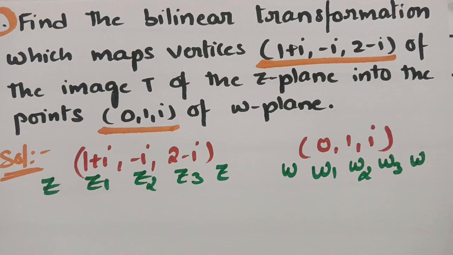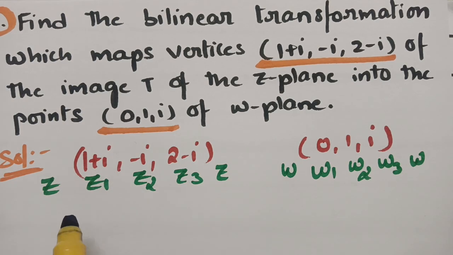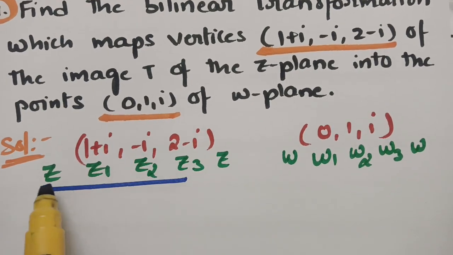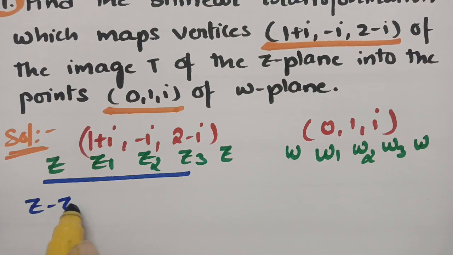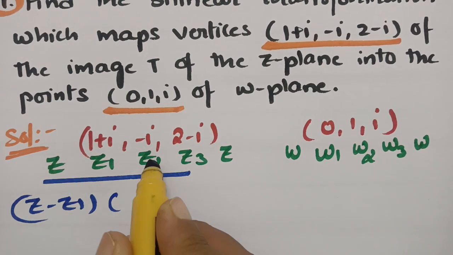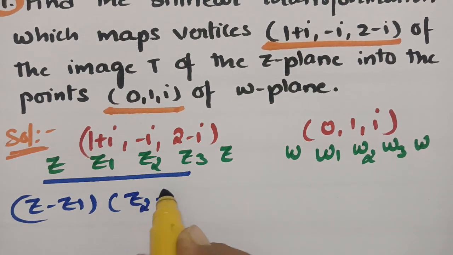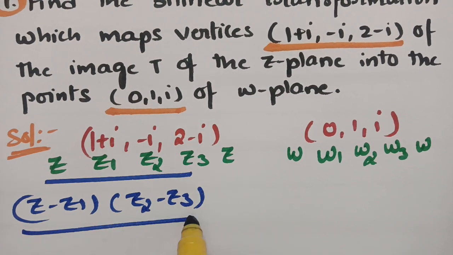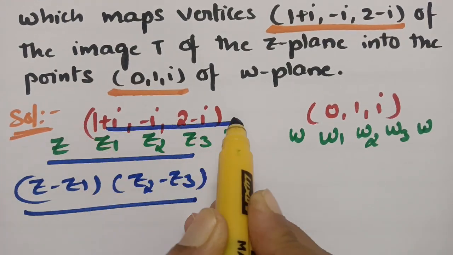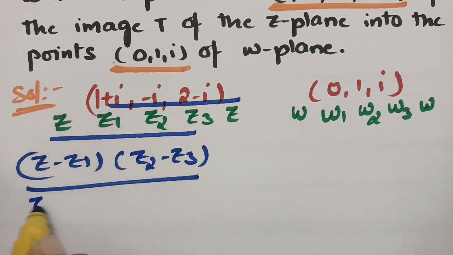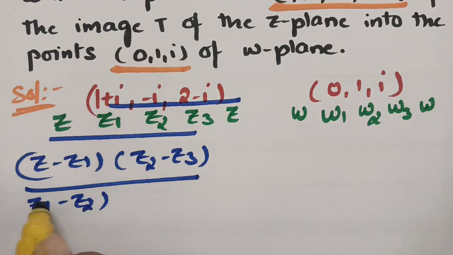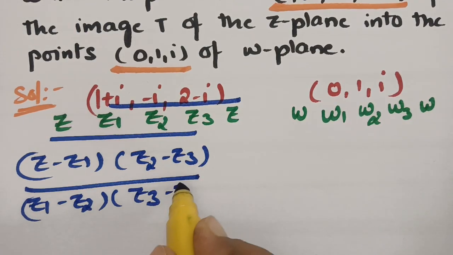See here how to remember this formula. In order to remember this formula, we have to take the first 4 points z, z1, z2, z3. This is z minus z1, and next, this is z2 minus z3, divided by. Later we have to take these 4 points z1, z2, z3, z: so this will be z1 minus z2 and next z3 minus z.